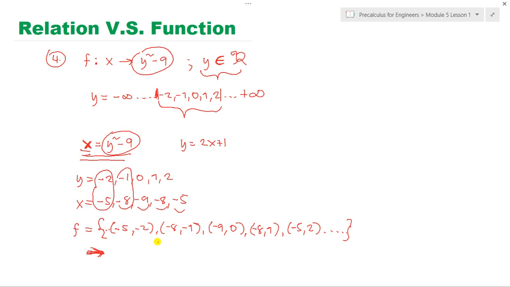Okay, so the value of our x here, negative 5, is repeated on the last part. The same thing with our negative 8, gi-repeat siya sa second to the last nga ordered pair. So therefore, this is not a function. So not a function, but only a relation.